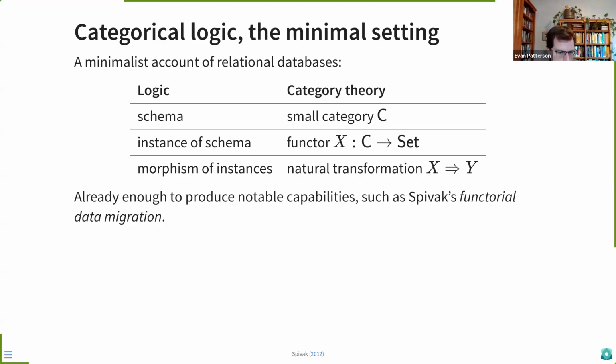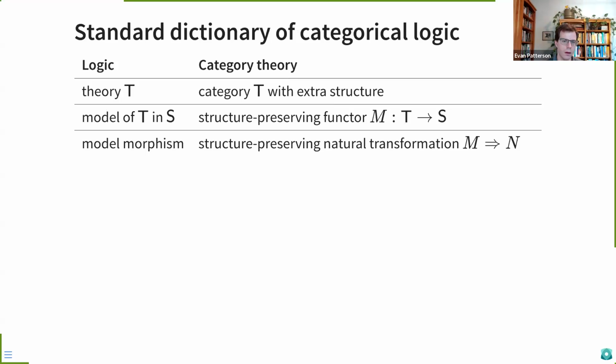And minimal though this model is, it's already enough to say some notable things, and it's the basis, for instance, for David Spivak's functorial data migration story, which is a pretty widely used idea in applied category theory.